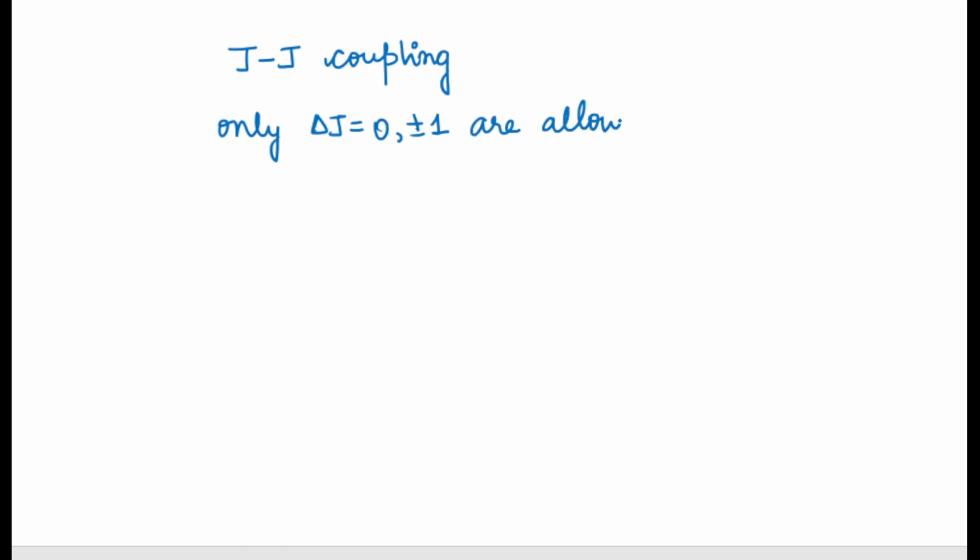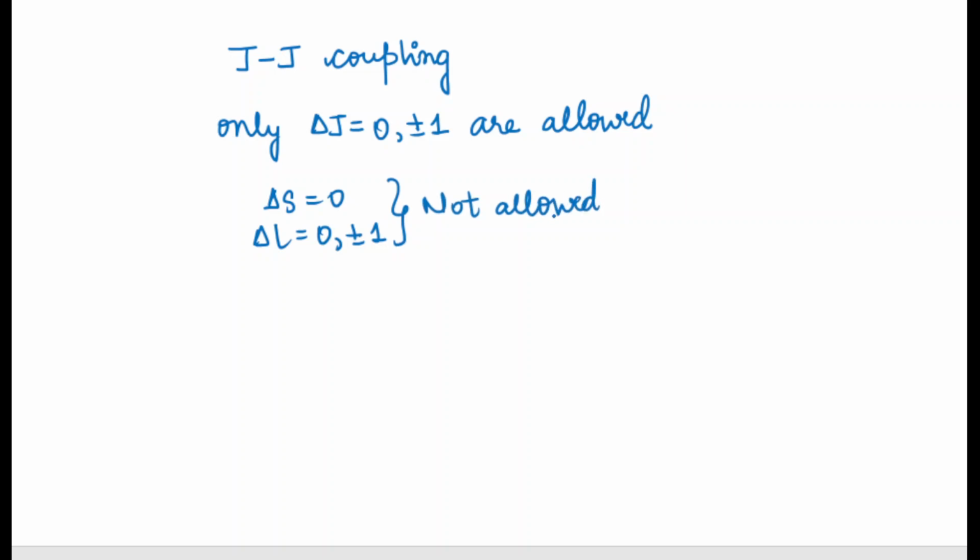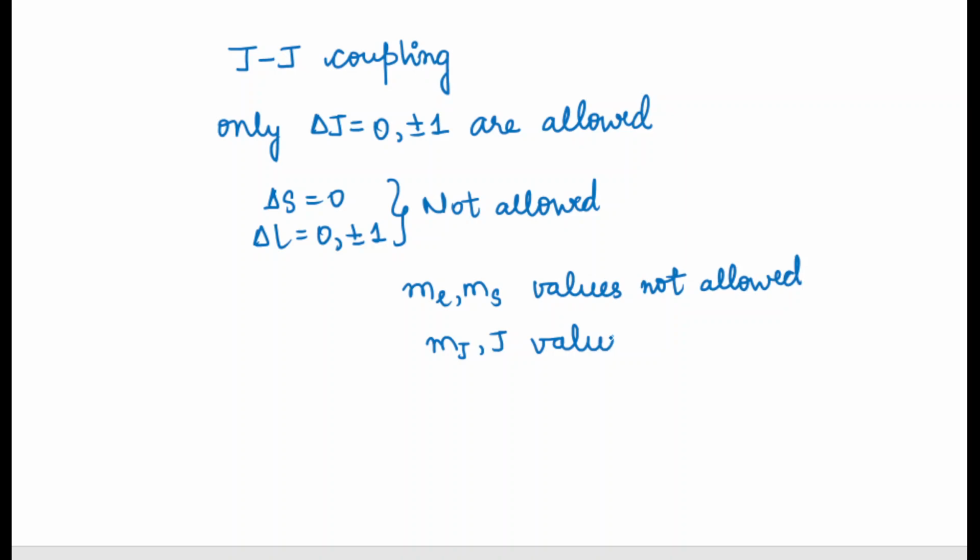In the previous case, other than these values, we had delta S equal to 0 and delta L equal to 0, plus or minus 1. In JJ coupling, this is not allowed. We must be very clear on that. And here we are not considering the values of ml and ms. Only mj and J values are allowed.